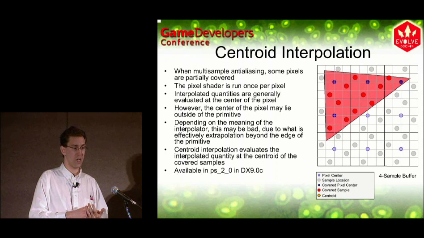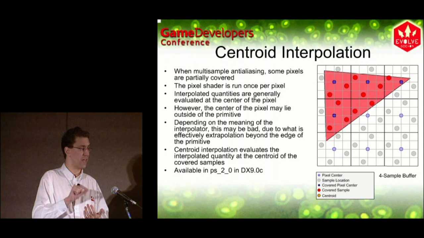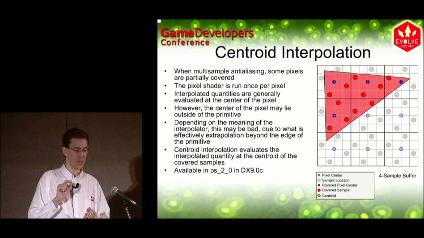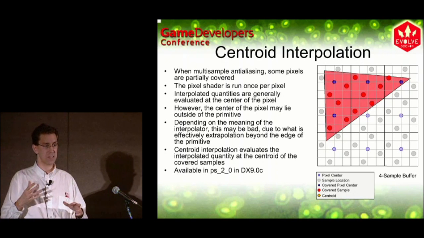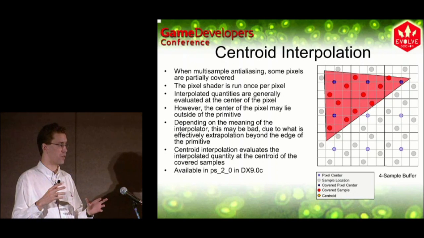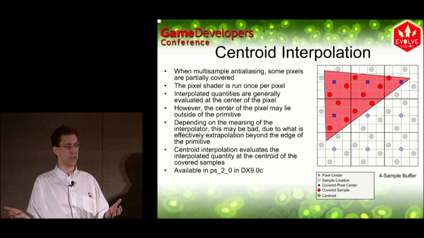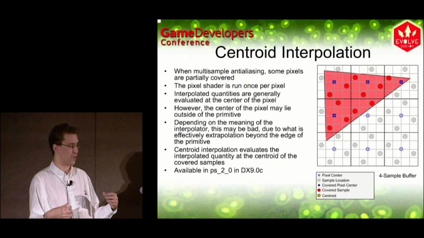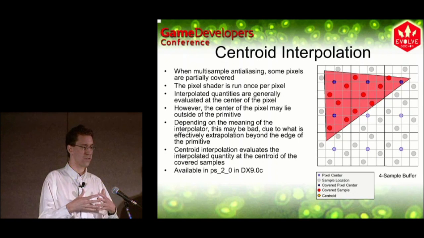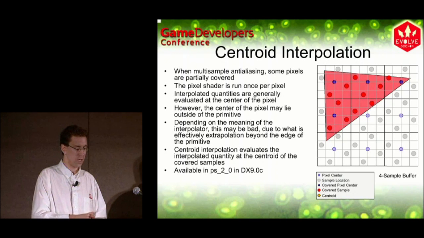The shader is run once per pixel, and interpolated quantities are generally evaluated at that center point, which may lie outside the primitive. Depending on the actual meaning of that interpolator, you may or may not have visual artifacts. As Sim said, this has been around for a while, and only some people have complained because it only generates visual artifacts for certain semantic meanings of your interpolators, right?